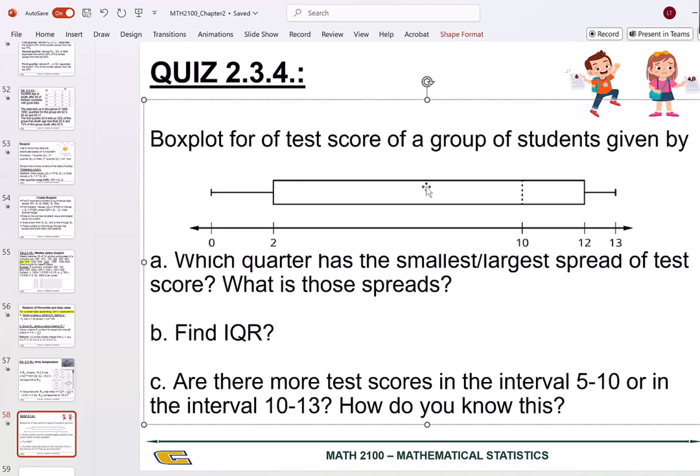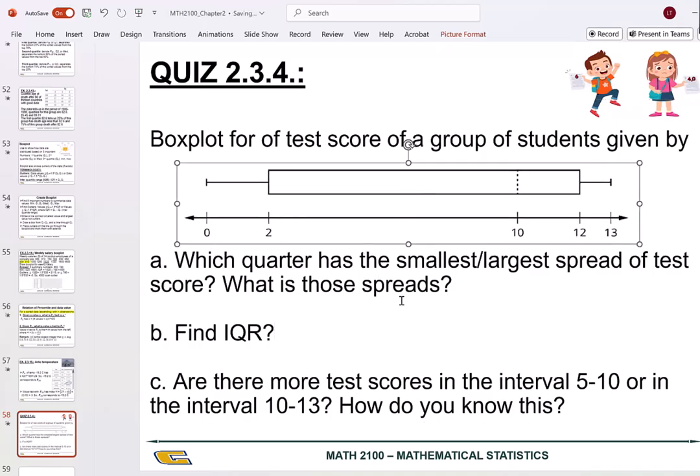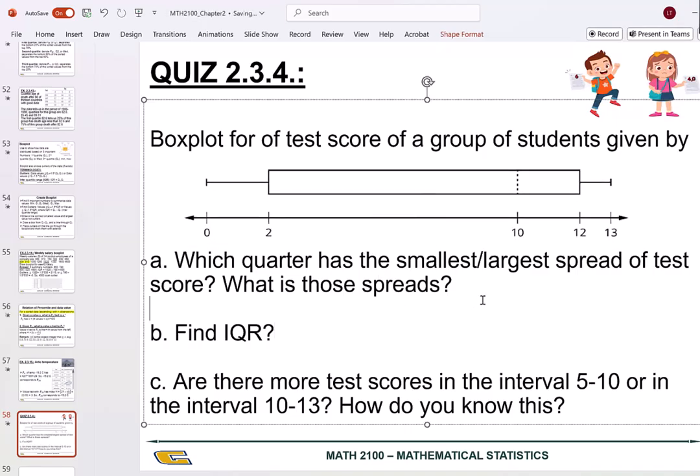The first question is, which quarter has the smallest and largest spread of the test score? We have 4 quarters here: min to Q1, Q1 to Q2, Q2 to Q3, and Q3 to max.